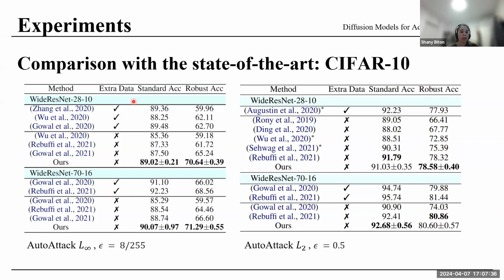What's really interesting here is that when we look at the standard accuracy, DiffPure did not do much better than other models. It was okay compared to others. But when we look at robust accuracy, other models which are trained on attacks are not as good as DiffPure, which has not seen any attack before.